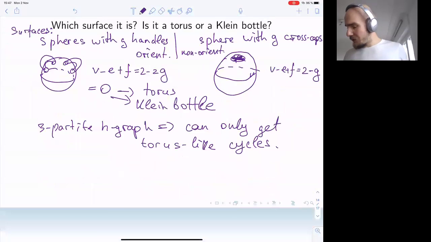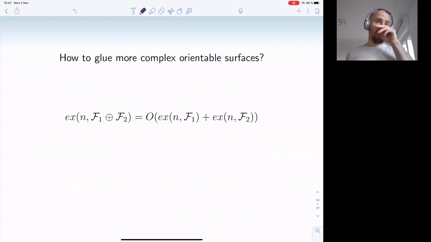I'm not sure that I'll have time for this, but I'll just mention a little bit about how to glue more complex orientable surfaces. So how to get a pretzel and not just the torus.